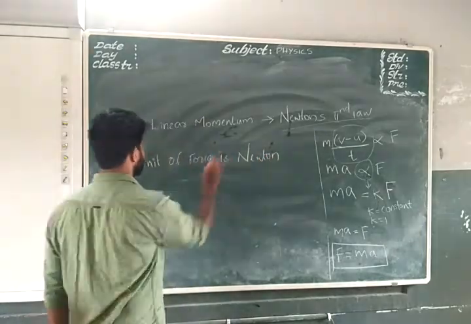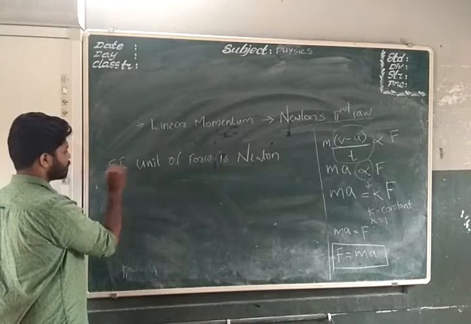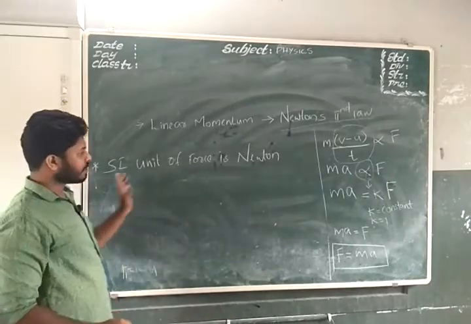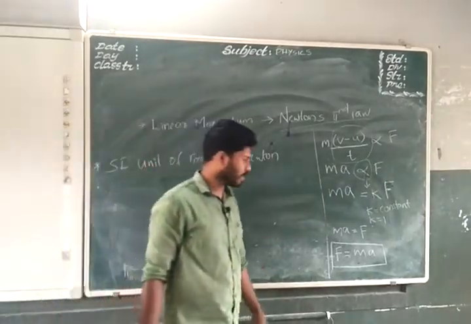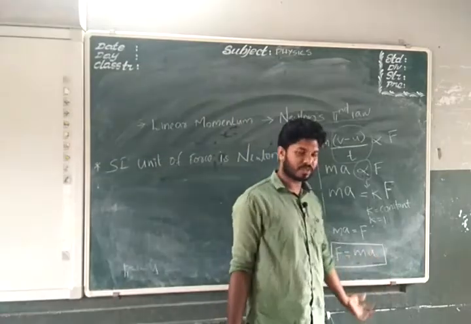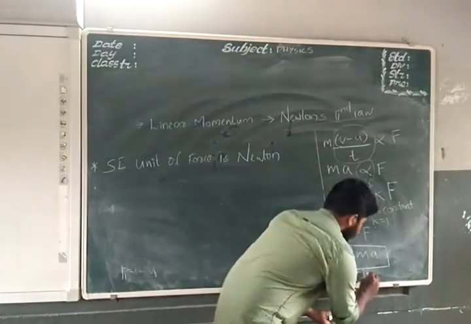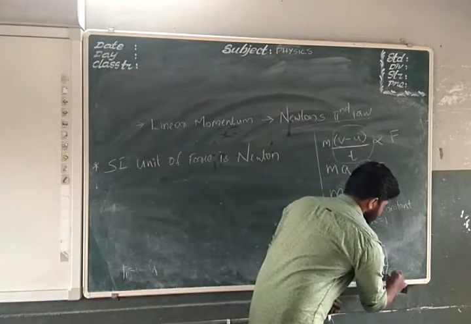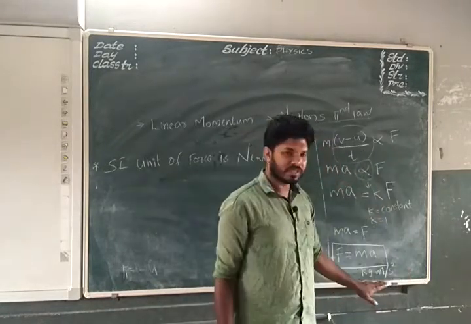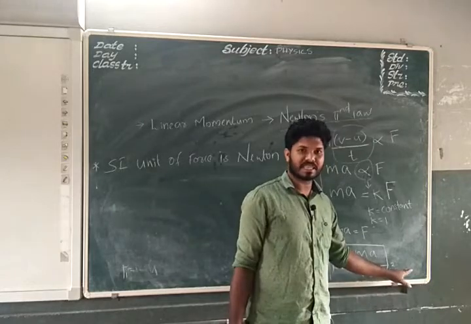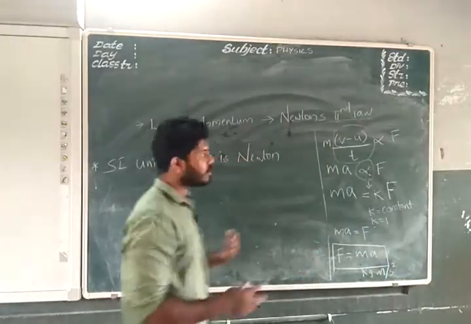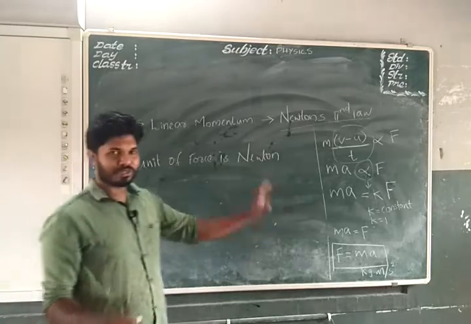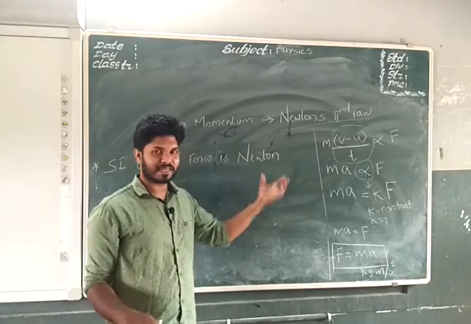So the SI unit of force is Newton. Actually, what will be the unit? For mass it is kilogram. For acceleration it is meter per second square. Actually the unit has to be kilogram meter per second square. But in order to honor Newton, we made the unit of force as Newton.